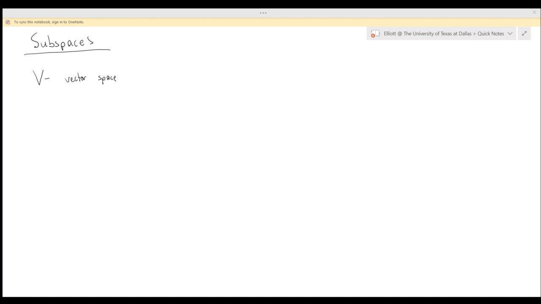So a vector space is just any collection of objects that you're able to add and scale and multiply. So I gave the examples of like Rn consists of these vectors that you can add and scale and multiply.